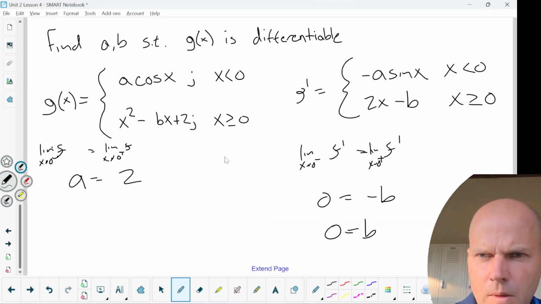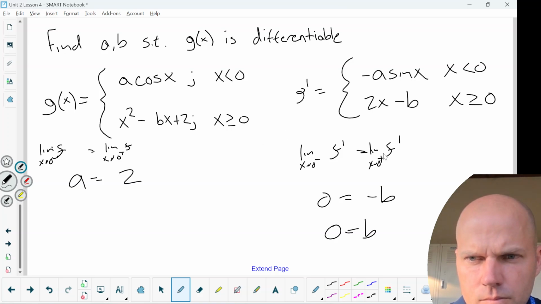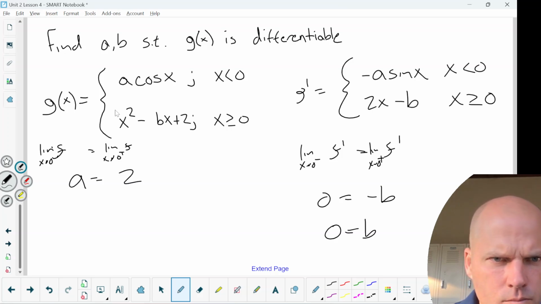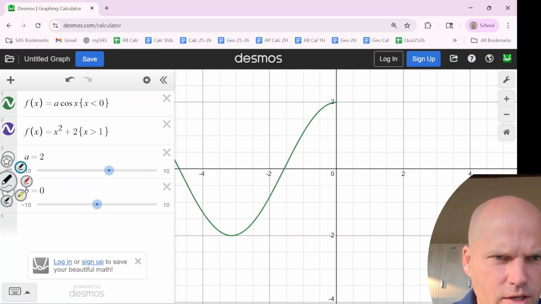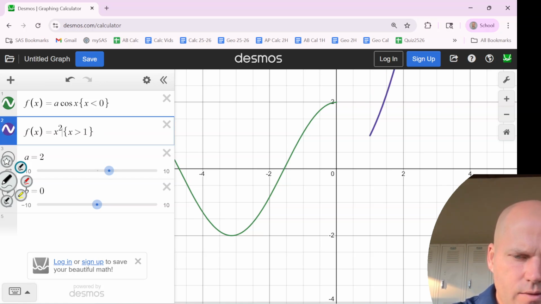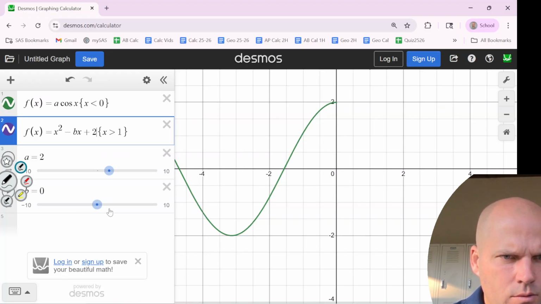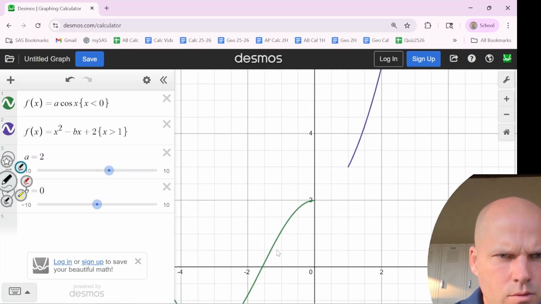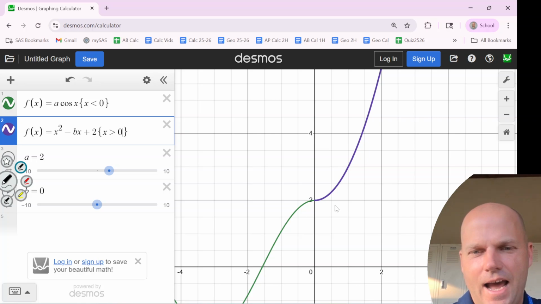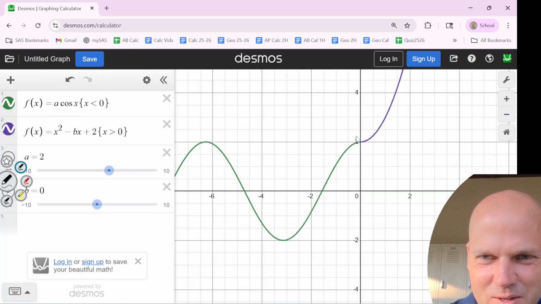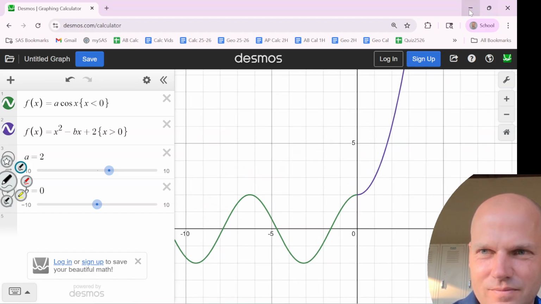What did I do wrong? A cosine x. Oh, x squared minus bx plus 2. What? B is 0. A is 2 for x less than 0. Ah, there you go. Sorry. Yeah, look. The two pieces meet up, and they meet up smoothly.